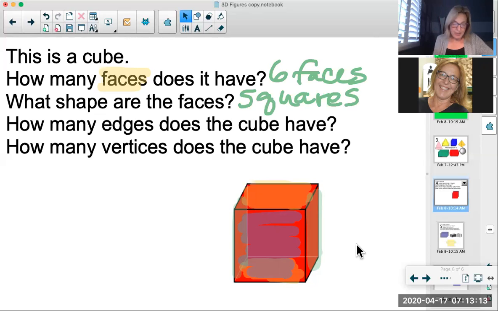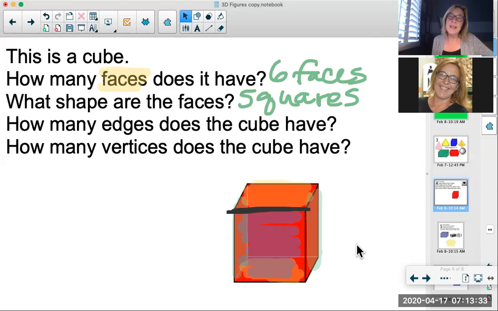Now, edges. An edge is what happens when two faces meet. So if you take the front face and the top face and they meet right here, that dark line is called an edge.